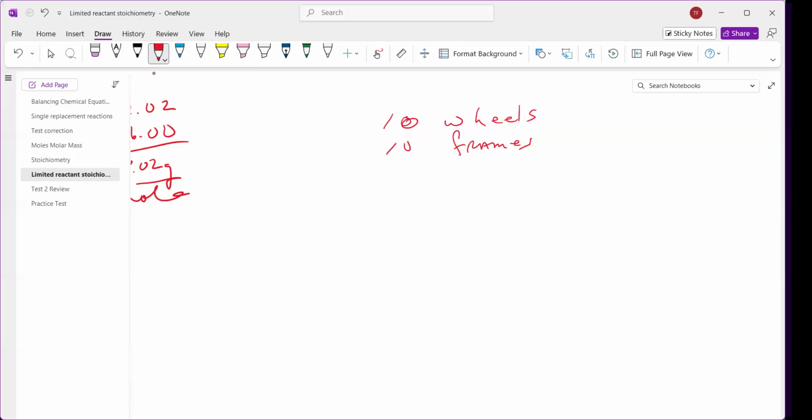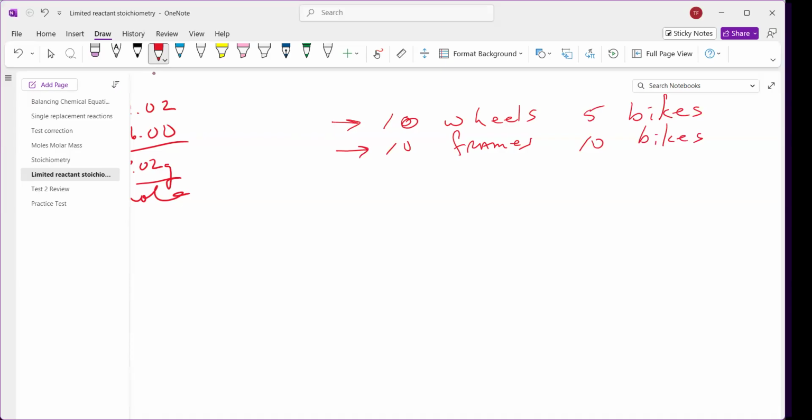Remember, it's two wheels per bike. So if we were just looking at 10 wheels, how many bikes would that make? 5. And with only 10 frames, how many bikes would that make? 10. I'm looking at those independently.